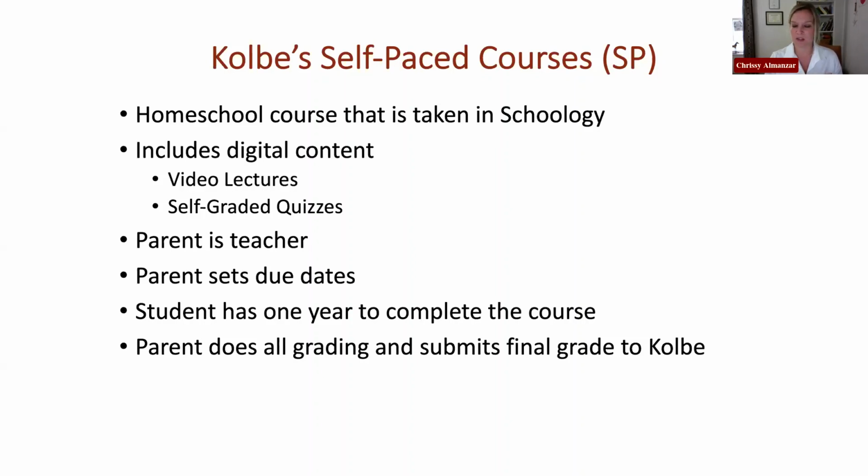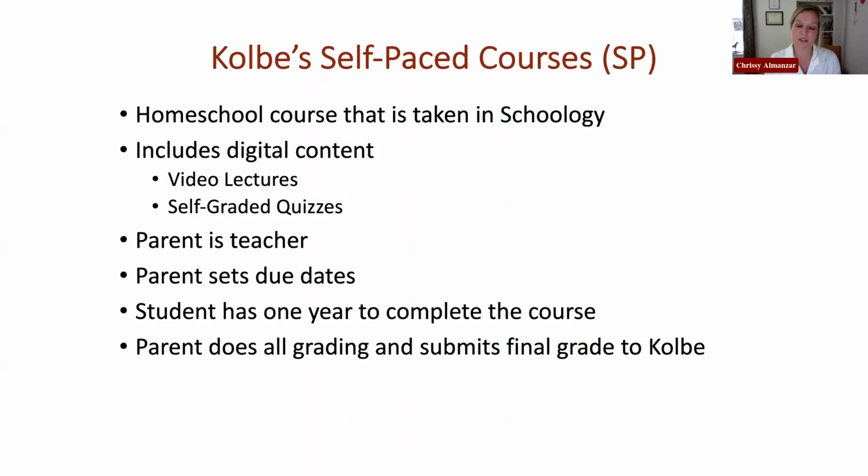The parent is in charge of pacing the course for the student. So any due dates are set by the parent, and that's the way that course works. The student has a year to complete the self-paced courses. When you enroll, you will put your start date, and you have a year from that start date to finish the course.